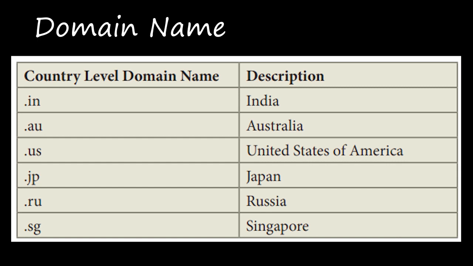So these are all the country level domain names. Here in India, if you are using that particular search engine or website, they will have the description as India, so the domain name will be .in. If you are using it in the United States of America, the domain name will be .us, right?